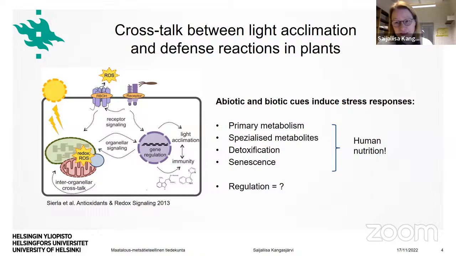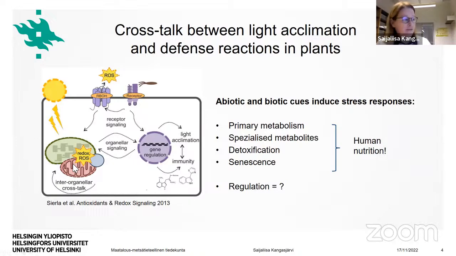Whichever of these organelles becomes imbalanced, with a redox imbalance and formation of reactive oxygen species, it is immediately reflected in the other organelles. Chloroplasts, mitochondria, and peroxisomes are really closely connected, and sometimes in research it's hard to tell which organelle you're really looking at because of this intimate crosstalk.